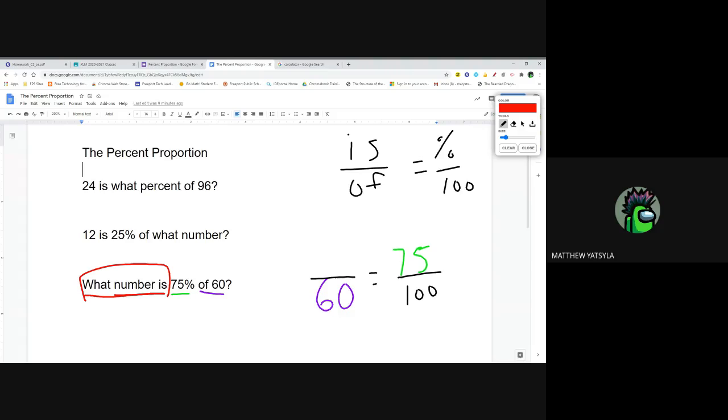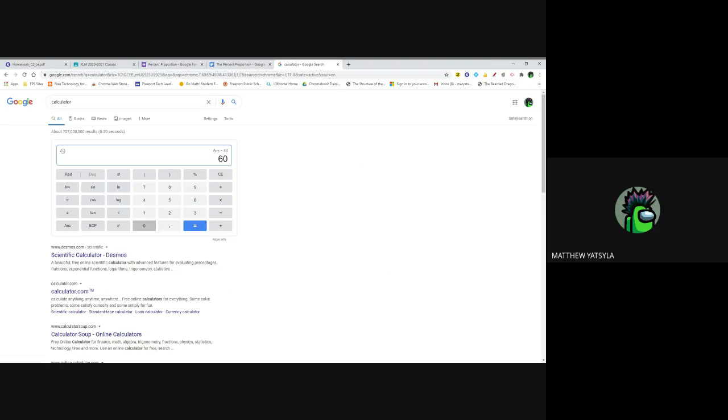So we're looking for our is. So I'm not going to use I. I'm just going to use N for number in this case, just because in math, I actually has a value. Now I'm going to do the same thing. I'm going to cross multiply and divide. So we're going to get, in this case, 60 times 75, 100 times N. 100N equals, now I'm not going to do this one in my head, 60 times 75 gets me 4,500.